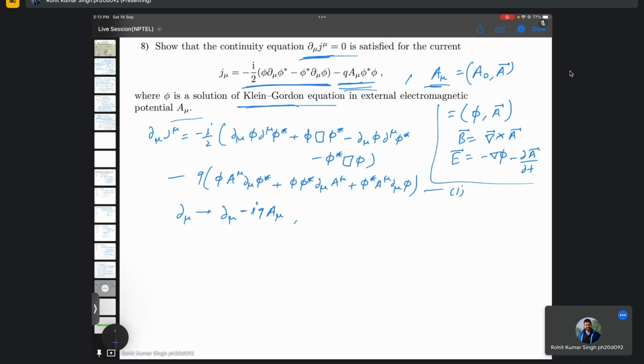Okay, and Q is the charge of the particle in the electromagnetic field, and so your Klein-Gordon equation becomes this, right?